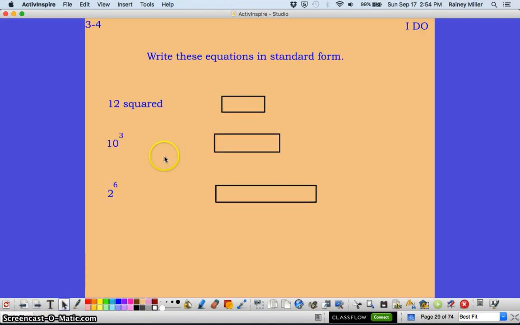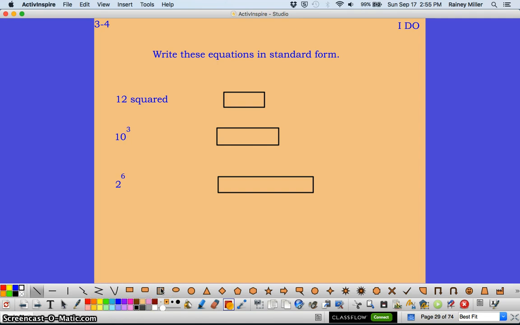Let's continue on here. Now, these we're supposed to write in standard form. One of the ways I tend to think about it is I write it in exponential form, then I do expanded form, and then I'm able to make it into my next form. So if I take 12 squared, if you've ever heard anybody say squared, you think about a square.